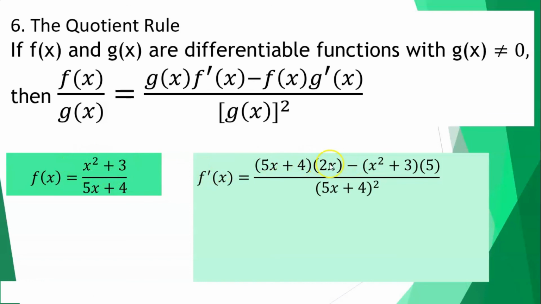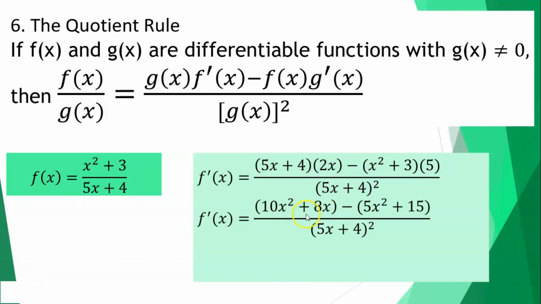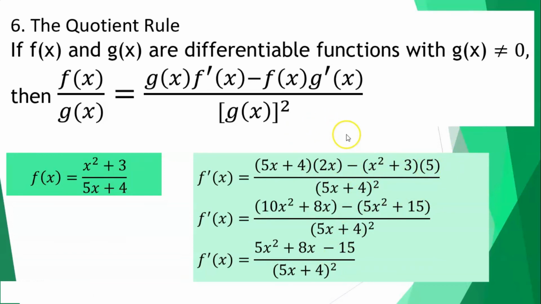Derivative of the numerator, that's 2x, minus copy the numerator. Derivative of the denominator is 5, over (5x + 4)². Now distribute 2 to the terms inside. We will have this one. So combine like terms, and we will end up with 5x² + 8x, so this would become minus 15 over (5x + 4)². So take note, this is the quotient rule. Okay, another.